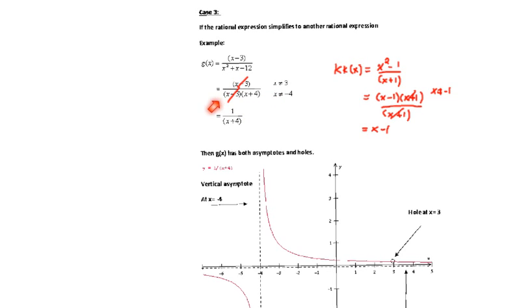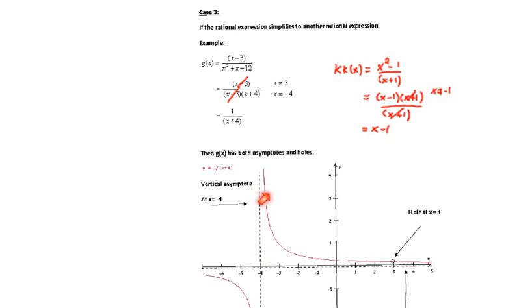However, it is only the x minus 3 restriction that got cancelled out because we had that binomial in the numerator. So we ended up with a rational function just like case 2, where you should expect the asymptote at x equals -4, because that is a horizontal shift to the left 4. There is no vertical shift, so the horizontal asymptote is y equals 0.